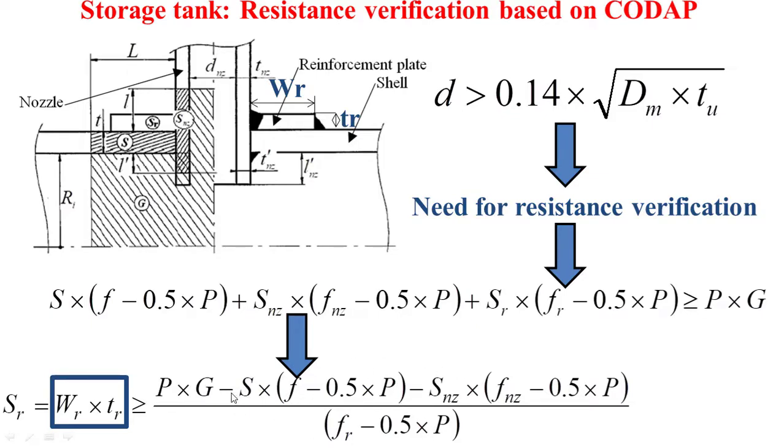So when we set a value for the thickness of the reinforcement plate TR, we can obtain the minimum value of the width WR of the reinforcement plate. It's important to note here that usually the thickness of the reinforcement plate should not exceed 1.5 times the useful thickness of the shell, or of the formed head if the nozzle is carried out on a formed head.